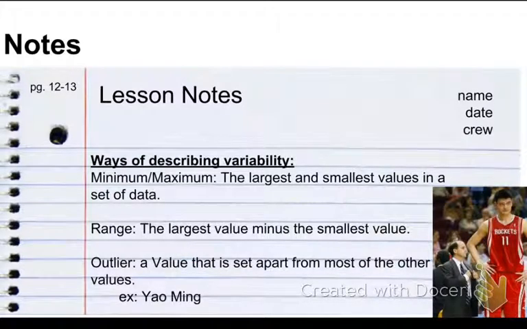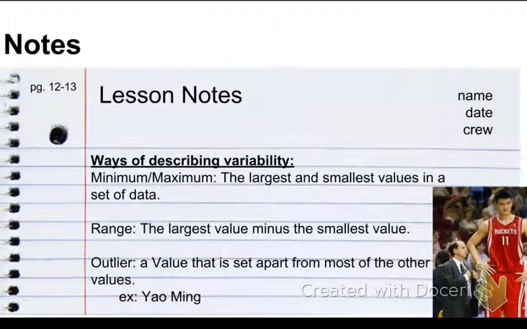Okay, here are our lesson notes that we're going to want to get down. The first one is ways of describing variability. Variability basically means where the numbers lie, how much they vary, how much they change, and describing them requires some language.